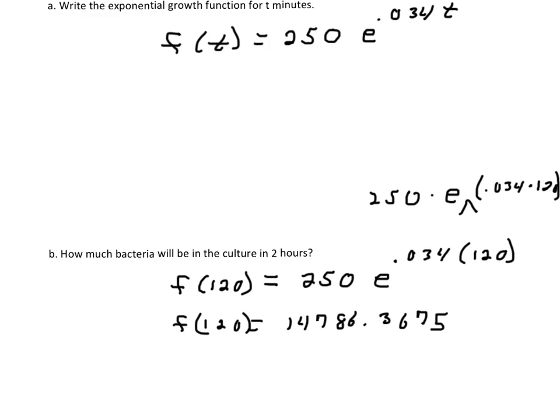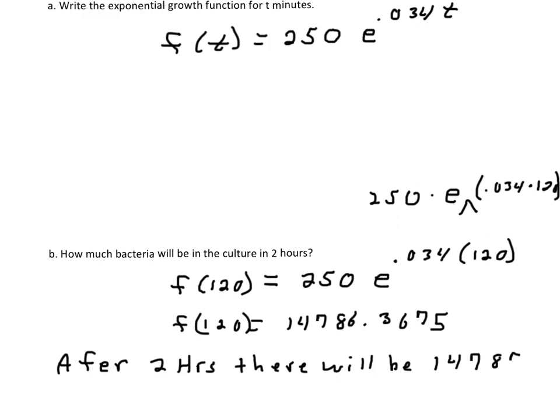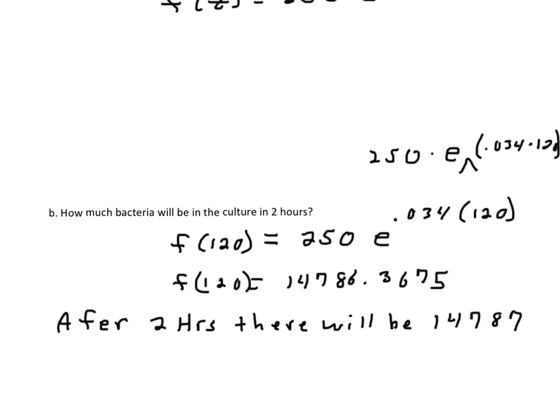So this means, because you always write your answer as a sentence, after 2 hours there will be 14,787 bacteria in the culture.